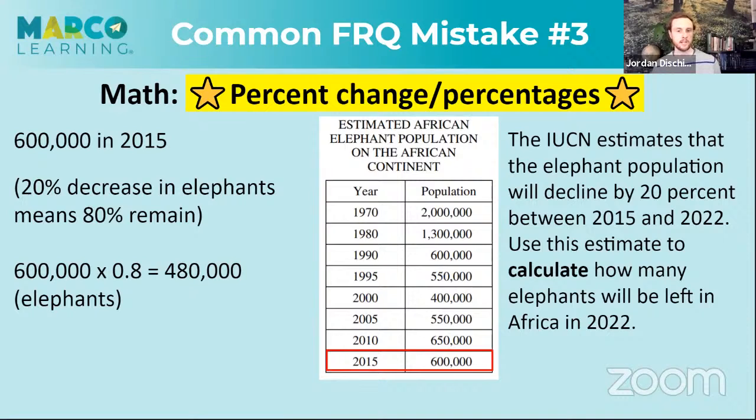So we start with 600,000 in 2015, and we know there's a 20% decrease. Now you could multiply and figure out what 20% of 600,000 is and subtract it from 600,000. But I think it's far easier to think, well, if there's a 20% decrease, that means there's 80% left. And so then all we're doing is figuring out what's 80% of 600,000. And to figure out what a percentage of 600,000 would be, you're going to multiply by 0.8.